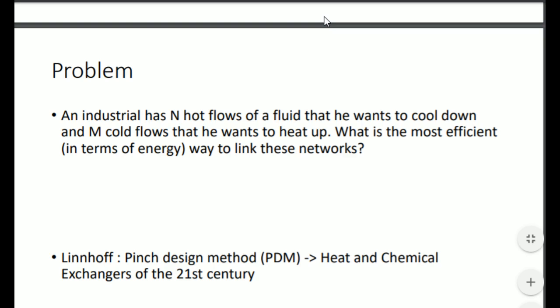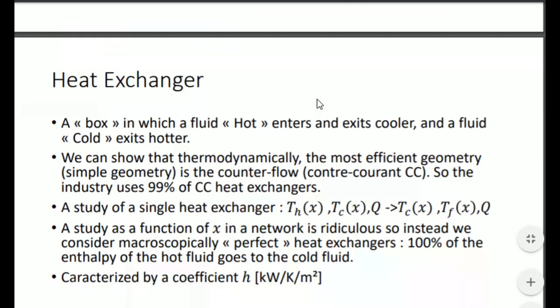So we will use the work of Linhoff and what he called the pinch design method, which is used for heat transfer calculations and chemical engineering, and it's really used to size exchangers in the 21st century. So at first we will try to see what's a heat exchanger.